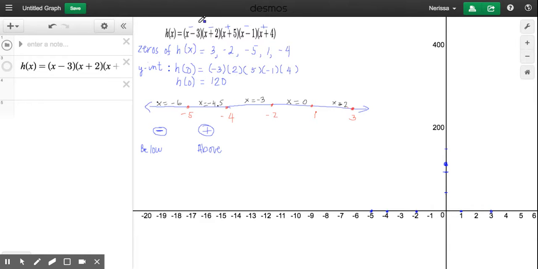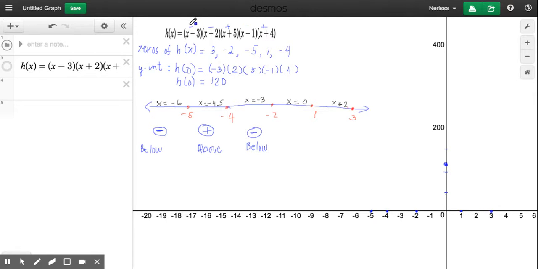So now negative times negative is positive, times positive is positive, times negative, that's negative, times positive is negative. So here h of x is negative, therefore it must be below the x-axis.